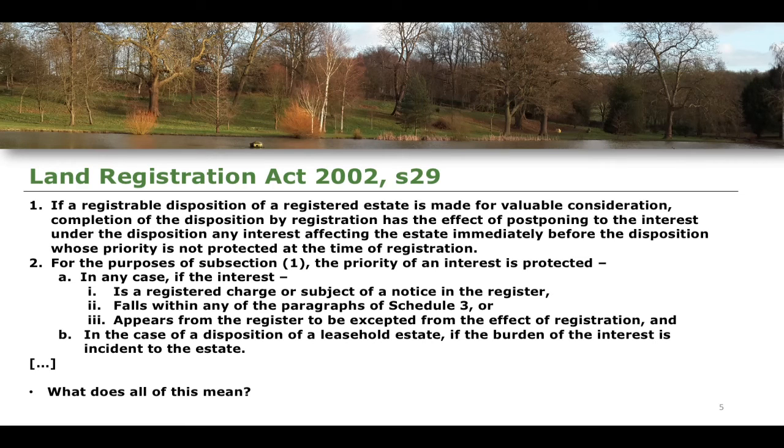It's very convoluted and very confusing, but if you break it down in this kind of way, and maybe reread Section 29 a couple of times to get a better understanding of how it works, that's how the Land Registration Act simply gives priority to the registrable disposition unless there has been a protection of priority. And a protection of priority is done through a notice, a restriction, or mainly a notice, or through Schedule 3, which we will get to in the next lesson.